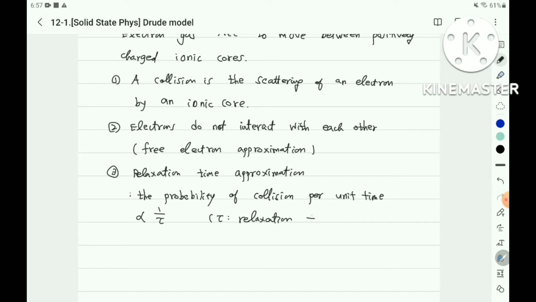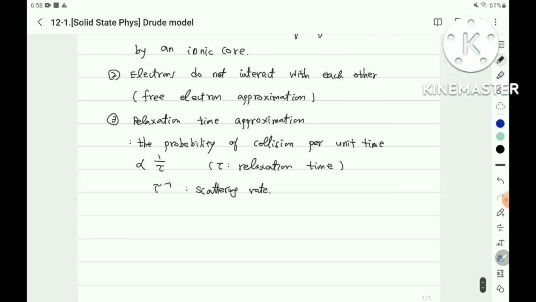The relaxation time is the time constant of the scattering, the average value. Inverse tau is the scattering rate, the probability of collision per unit time. This is the relaxation time approximation.